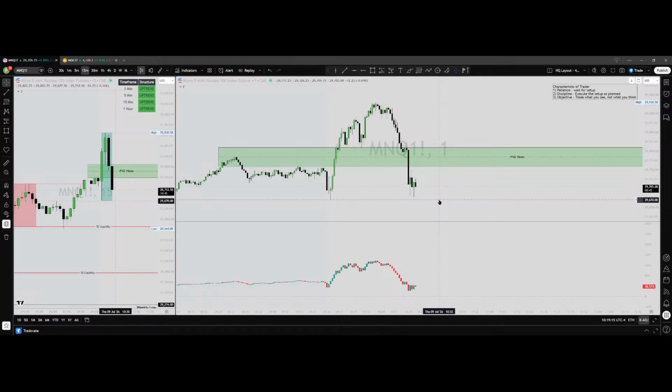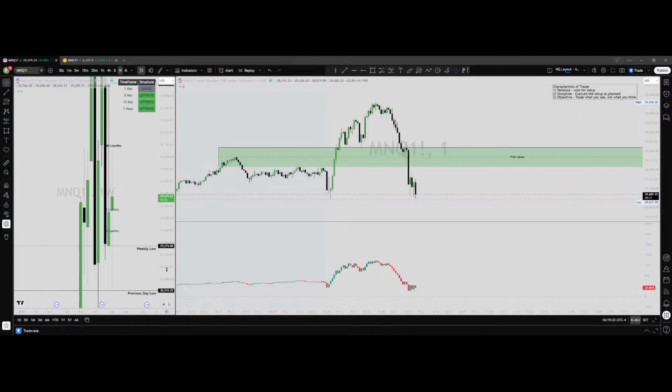Okay, like there was this rally that started from March 9. It lasted about 30 days. There were 9 consecutive weeks when price continued to rally higher.